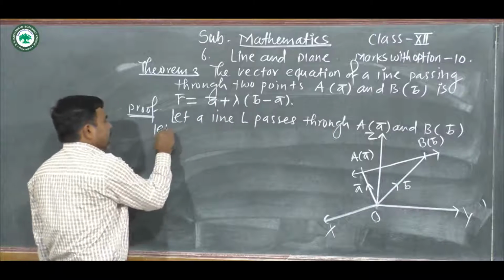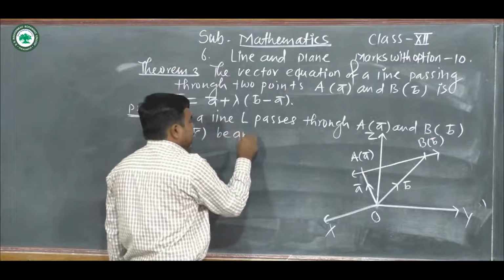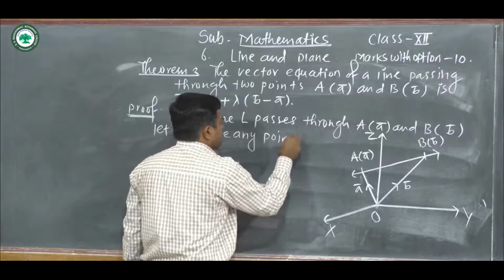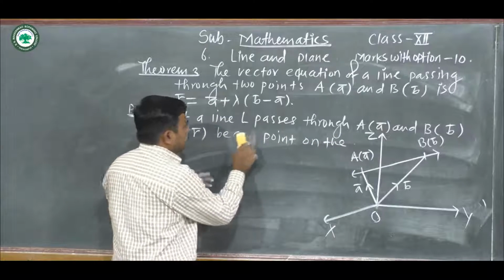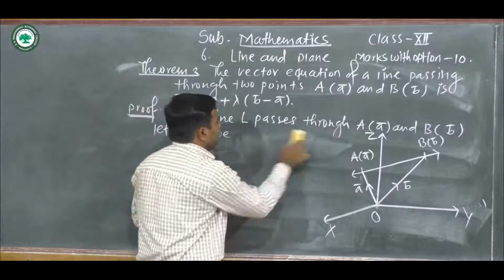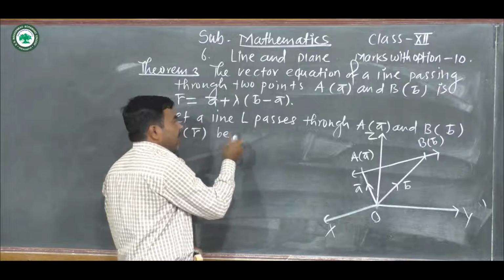Let P with position vector R bar be any point on the line, and here we particularly write this point P with position vector R bar as a variable point.